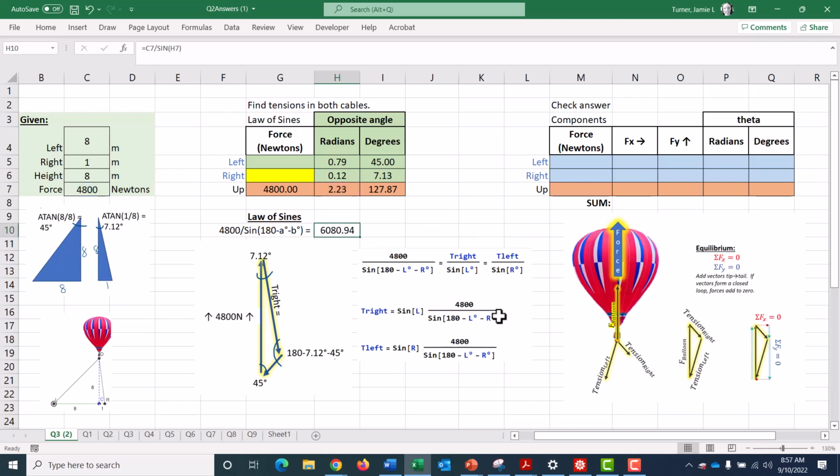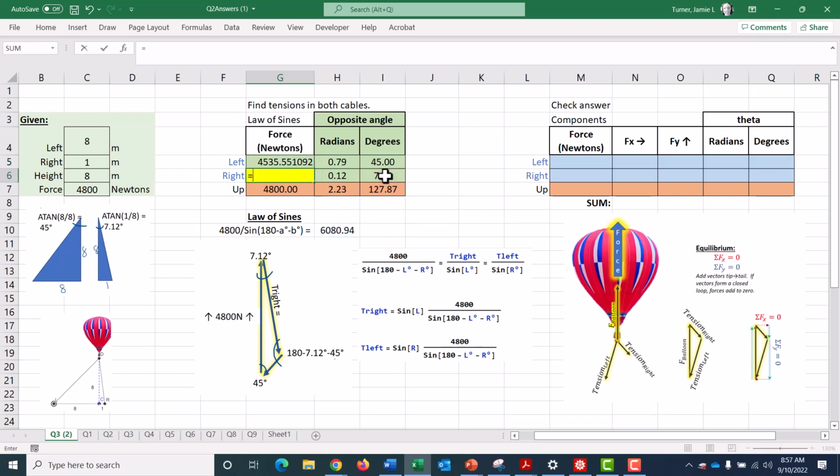And then I'm going to take that ratio. If I want the force on the left, I multiply that ratio times the sine on the right, the angle opposite it, which was this little guy.